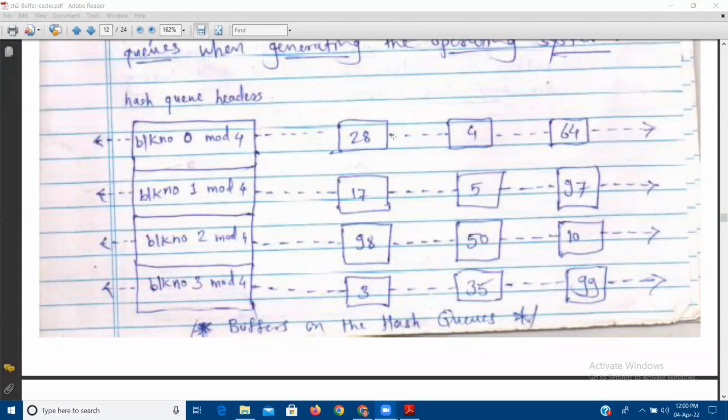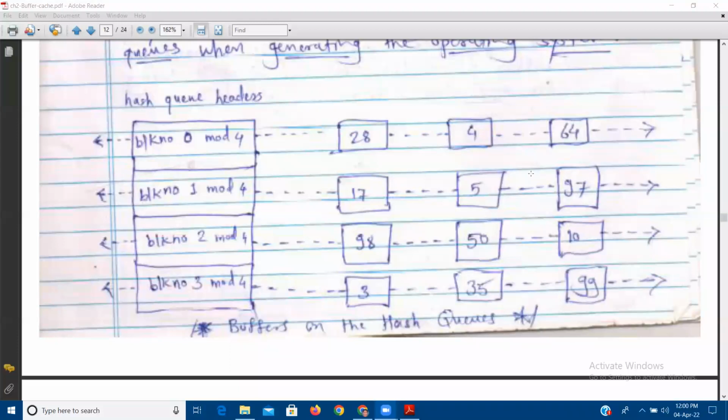So over here, those who invented the Linux operating system assumed 4 hash queues, 4 queues घेतलेले आहेत आणि प्रत्येक क्यू मध्ये 3 बफर घेतलेले आहेत. So this number 3 may vary to 4, to 2, to 1. It depends upon the application.